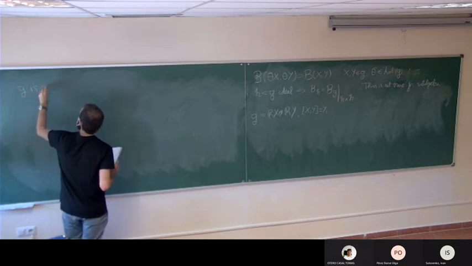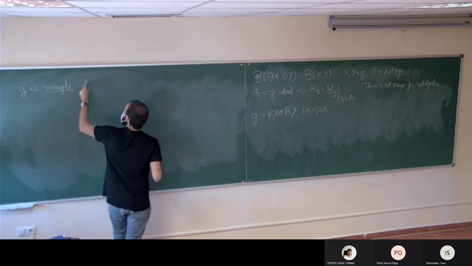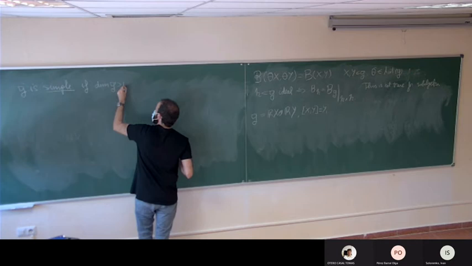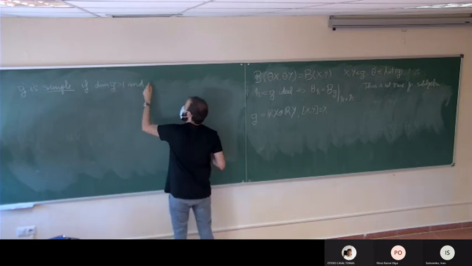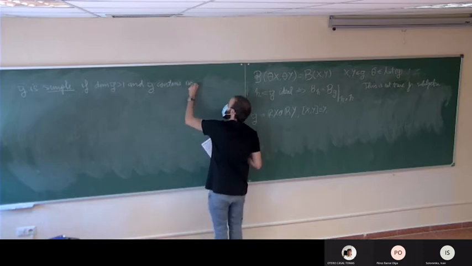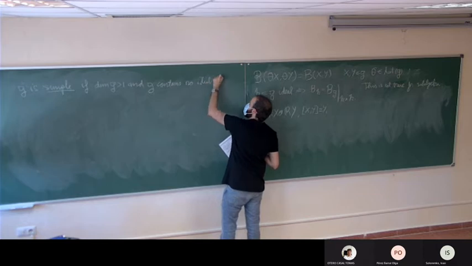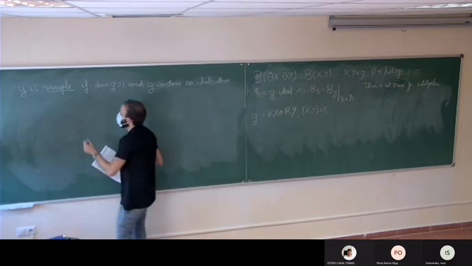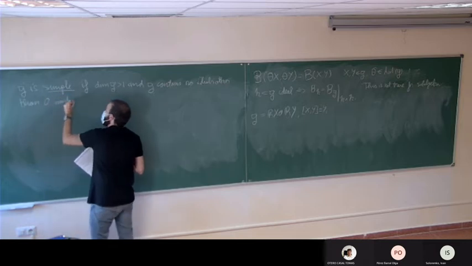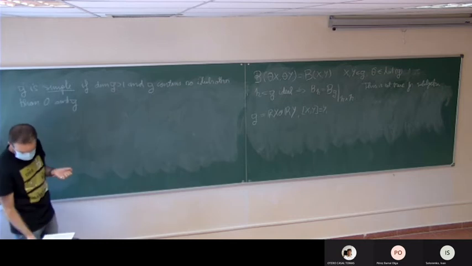G is simple if its dimension is greater than 1, and G contains no non-trivial ideals.